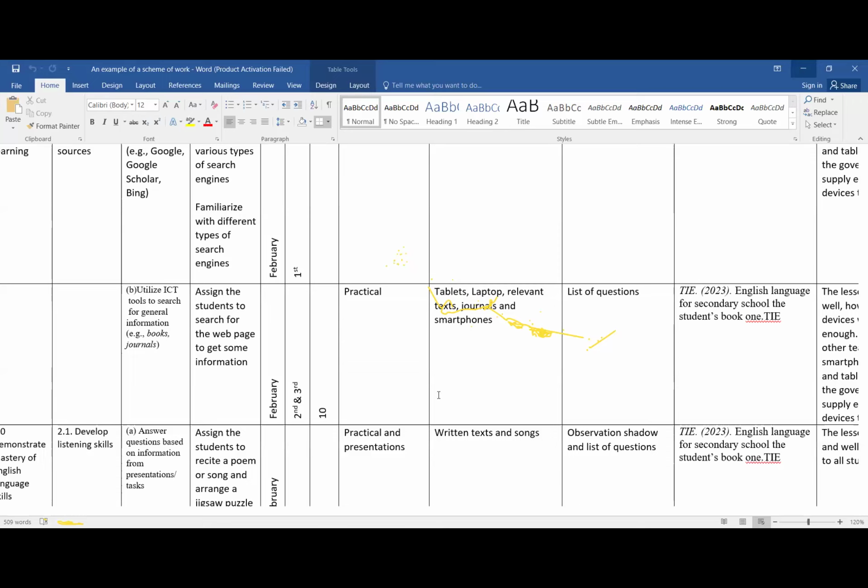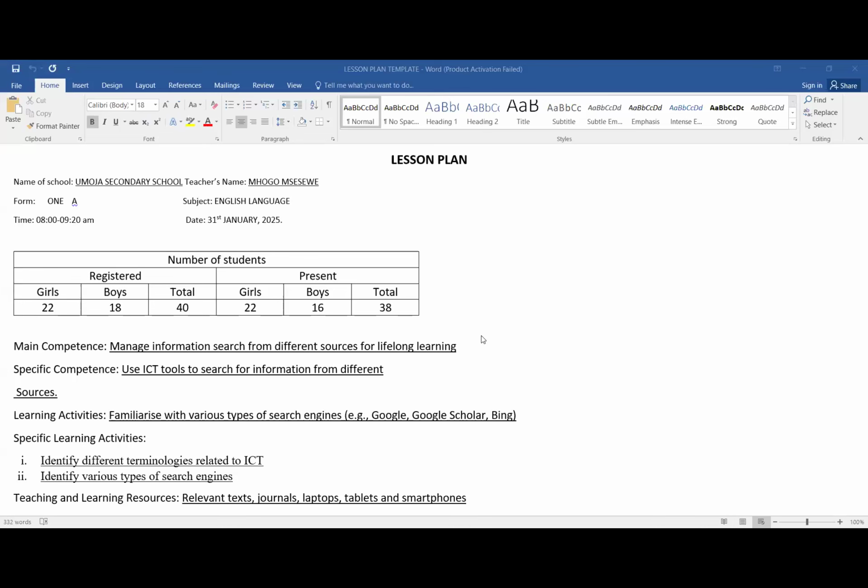It is not seen. Okay, you're still on the scheme of work. So I'm trying to share the lesson plan. Just give me a minute, okay? All right, take your time. And Irene, please, can you unmute yourself so that you can help moderate while I'm trying it? I think we can see it now.